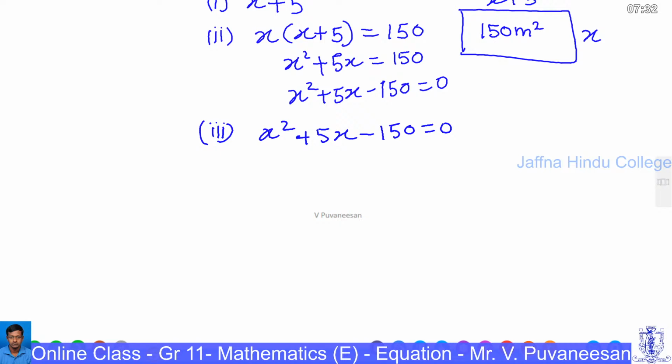Here coefficient of x square equal to 1, so we consider the minus 150. We select appropriate factors of minus 150 when added the factors should be plus 5.